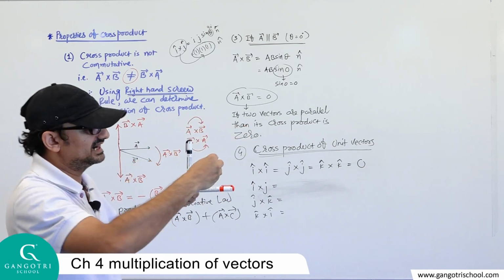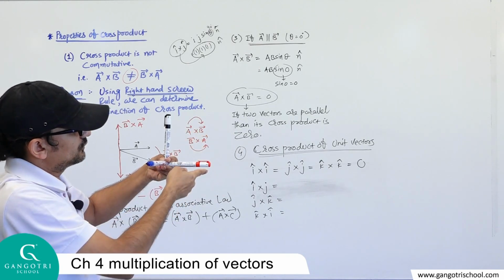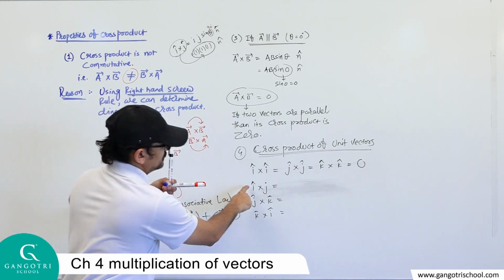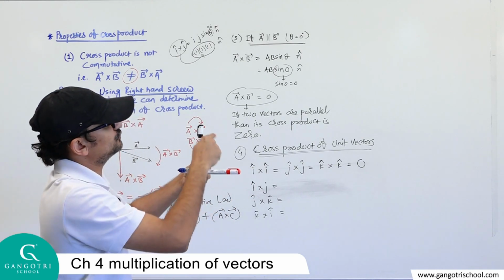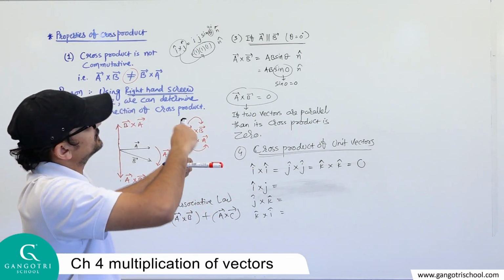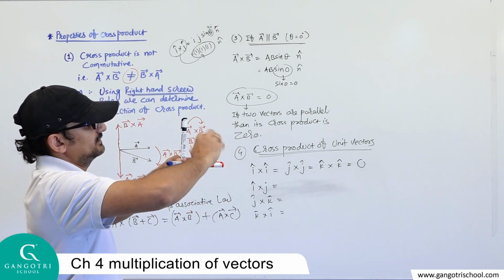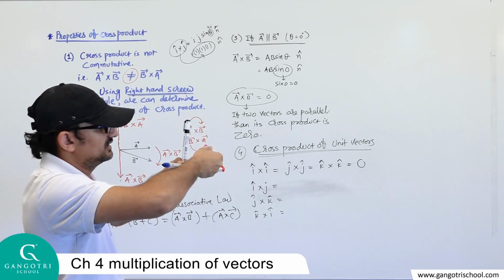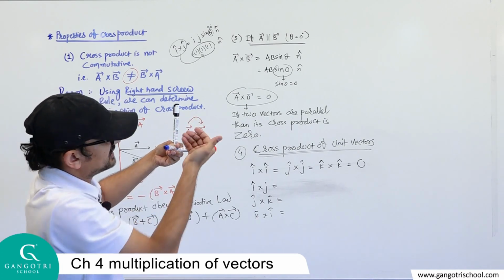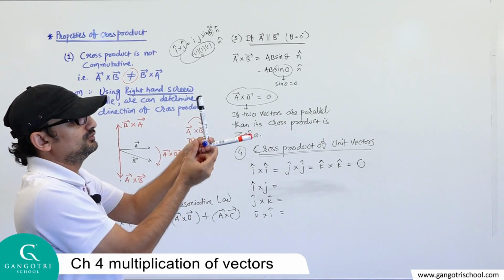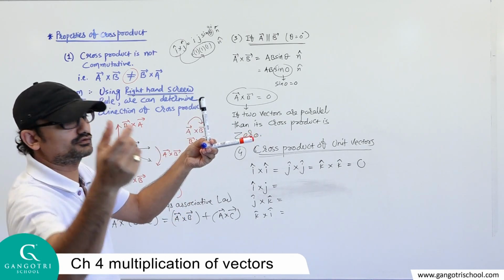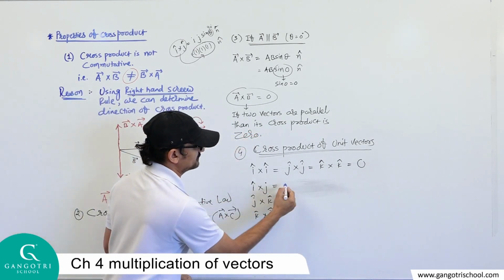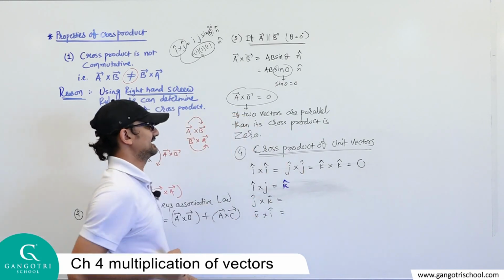Imagine a screw in your right hand. Now rotate the screw from i to j. If you rotate the screw from i to j, it is opening. Opening means coming towards you, which means in the z direction, the direction of k caret. So remember, i cross j is equal to k caret.